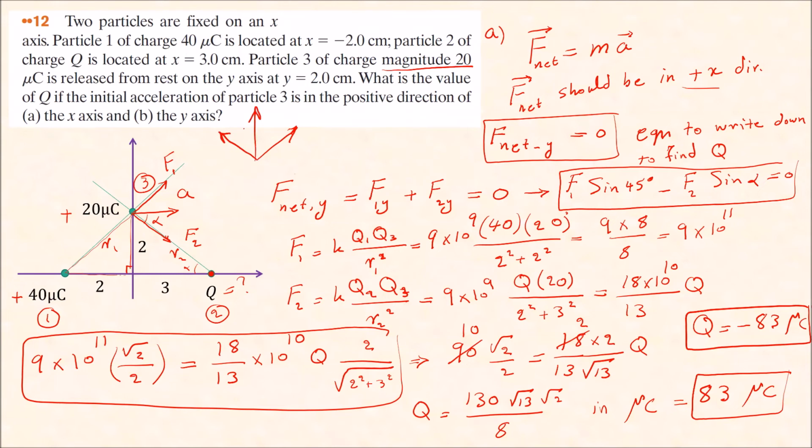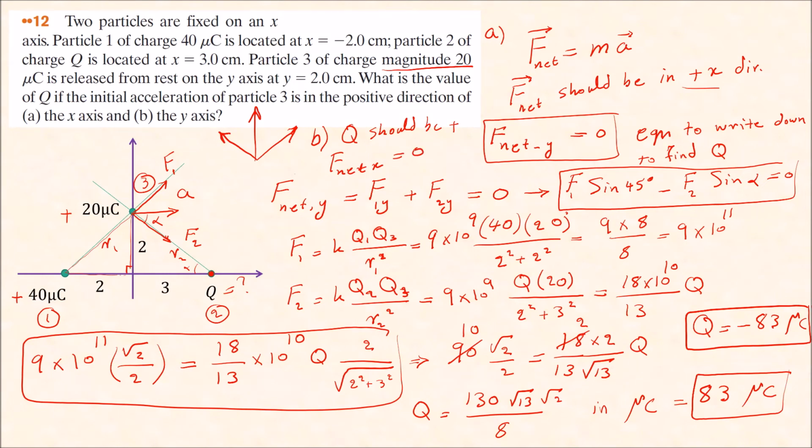Therefore, the y component is non-zero, the x component is 0. So Q should be positive. Part B, Q should be positive, then F net x should be equal to 0.